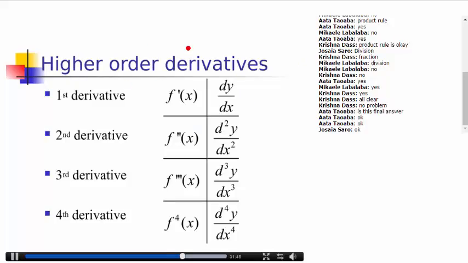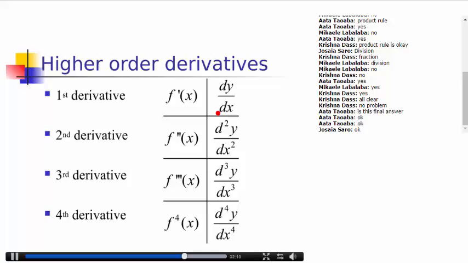This is where we have higher order derivatives. So first derivative, this is how you present them. That's what's given here. f dash of x, we write in the form of dy over dx. Now, can anyone tell me why we write dy over dx?